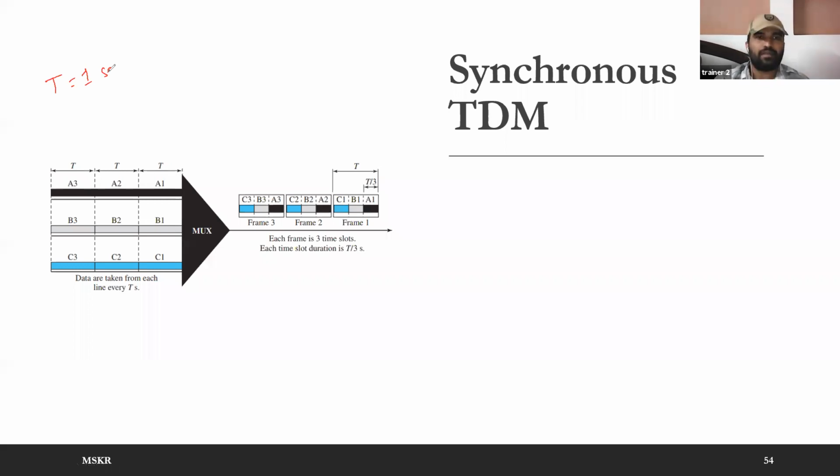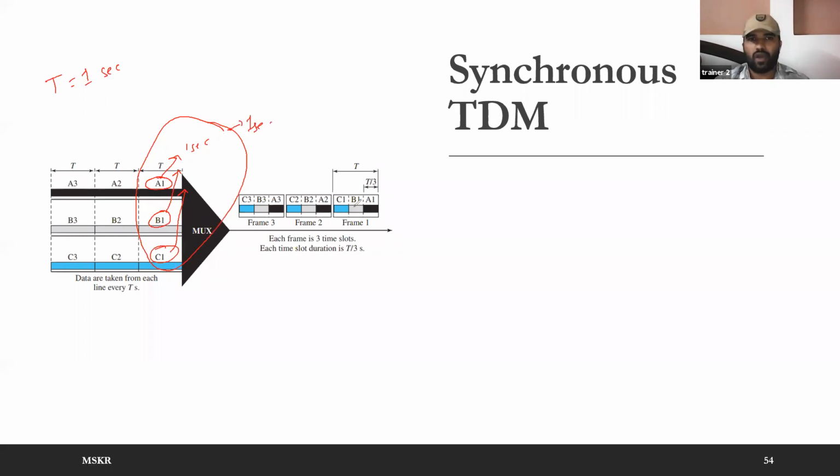User 1 generated a block A1 in 1 second. In the same second, B1 is generated, and in the same second, C1 is generated. Now these three are combined together and will be transmitted in 1 second again.